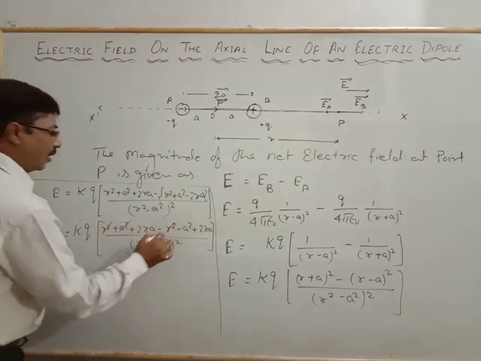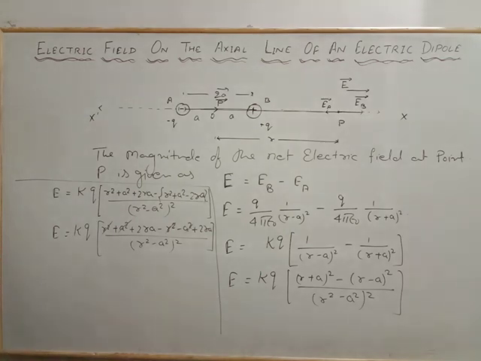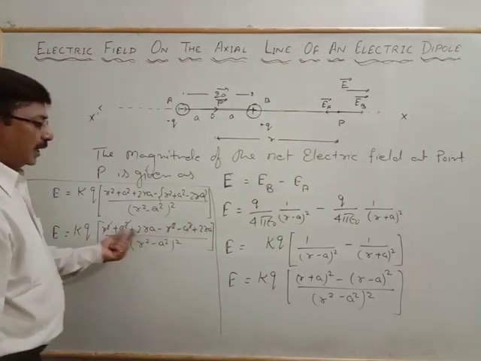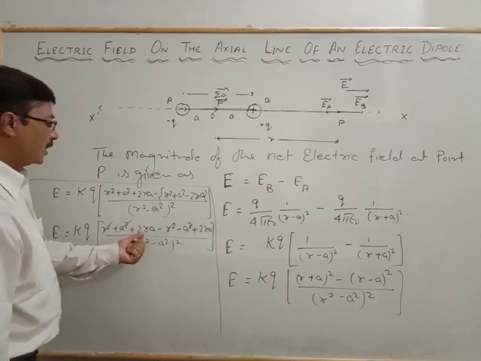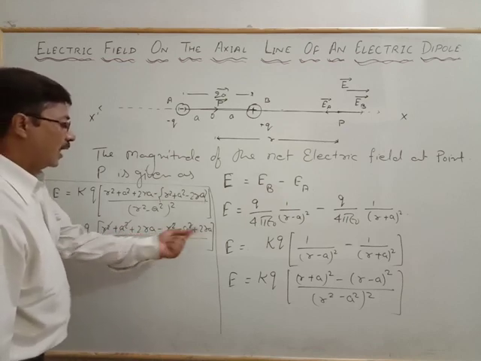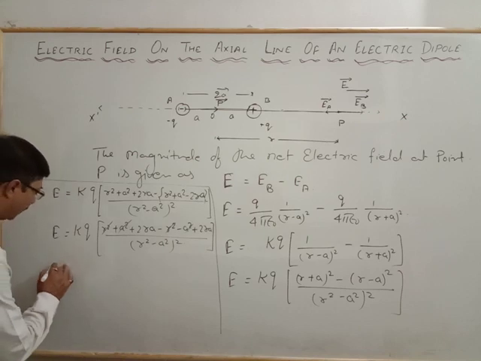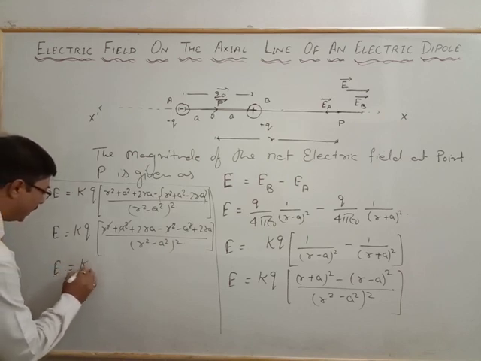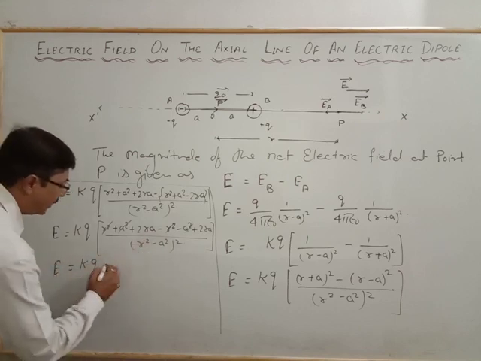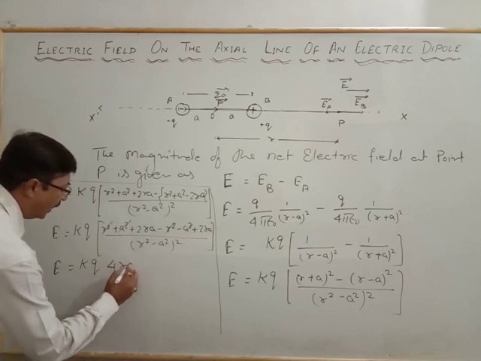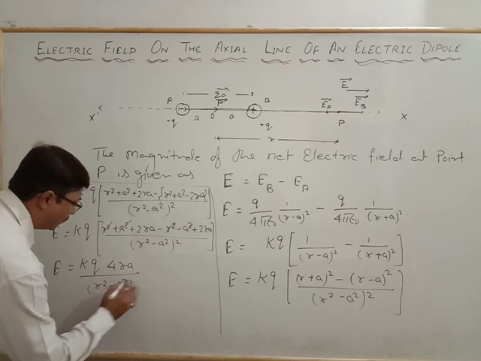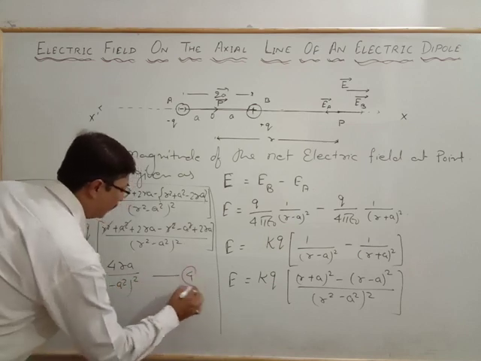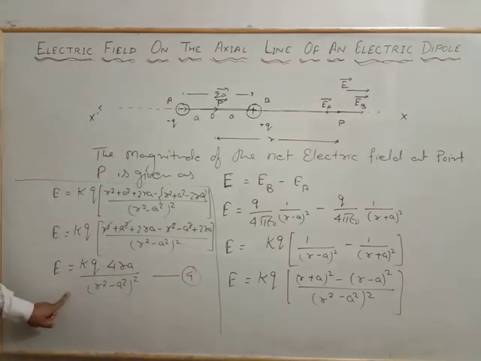Just cancel it. R square, one is positive and one is negative, that will cancel. What is left here? That is 2ra and 2ra, that becomes 4ra. So E is equal to KQ, and here it is 4ra by (r square minus a square) whole square, and that equation number 4 gives the electric field value.